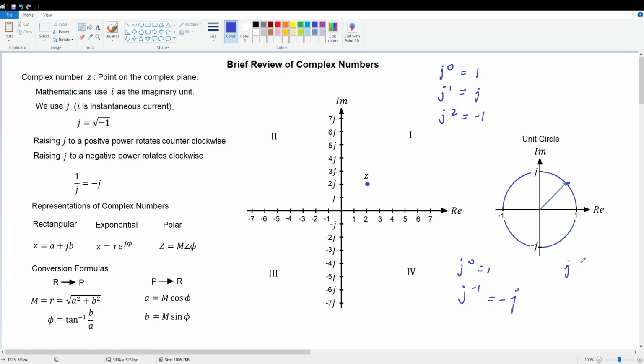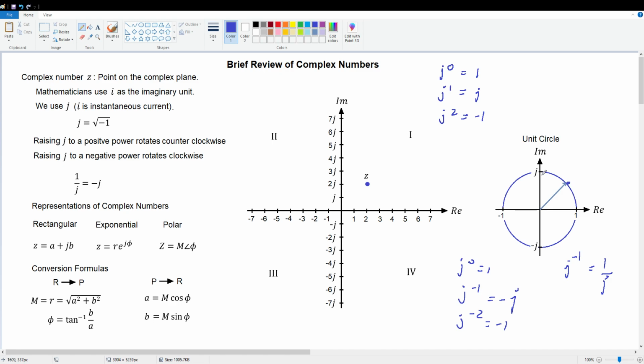So J to the -1 equals 1 over J. So what we see here is that 1 over J equals -J, and since that's kind of a unique thing, I wrote it here as its own separate equation because that's a handy thing to keep in mind for later use. 1 over J equals -J. J to the -2 would be -1, J to the -3 is J, and so on.